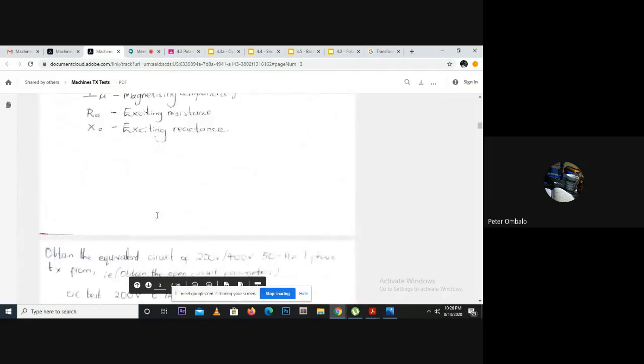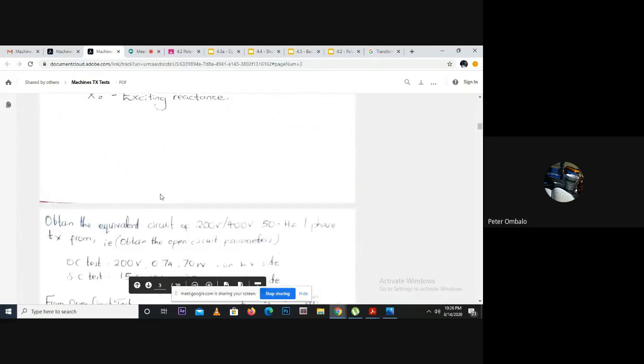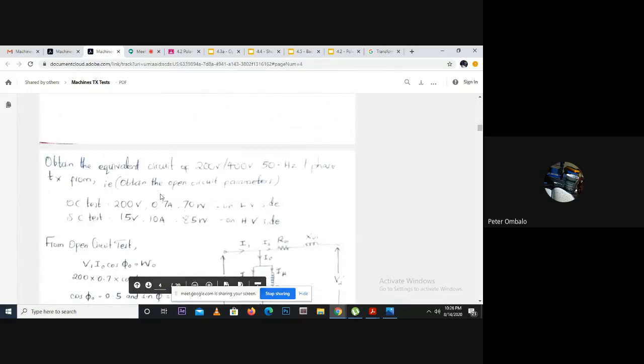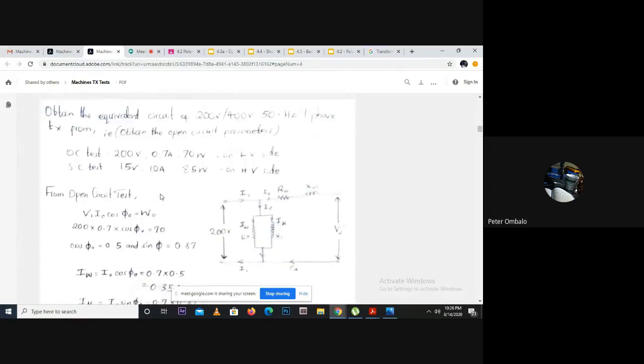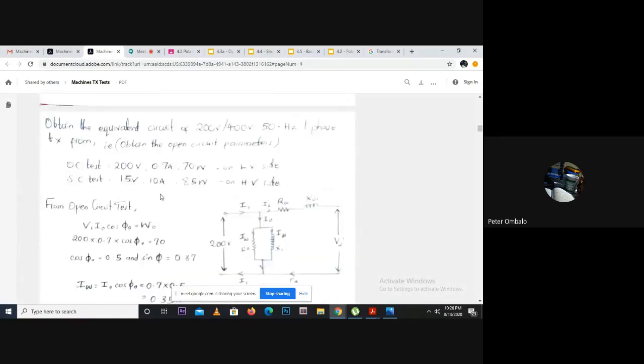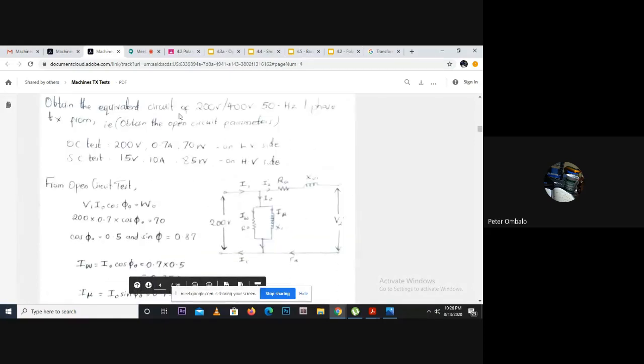Yeah, so that's the open circuit test, and we will just look at a small question here for the open circuit test. Obtain the equivalent circuit of a transformer with this ratio, 200 volts to 400 volts, 50 hertz, one phase, from these parameters that we have been given that have been tested.